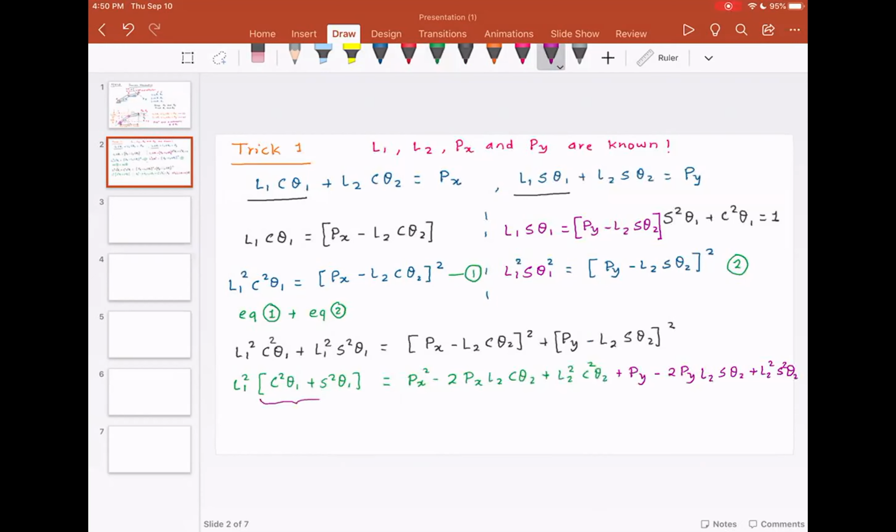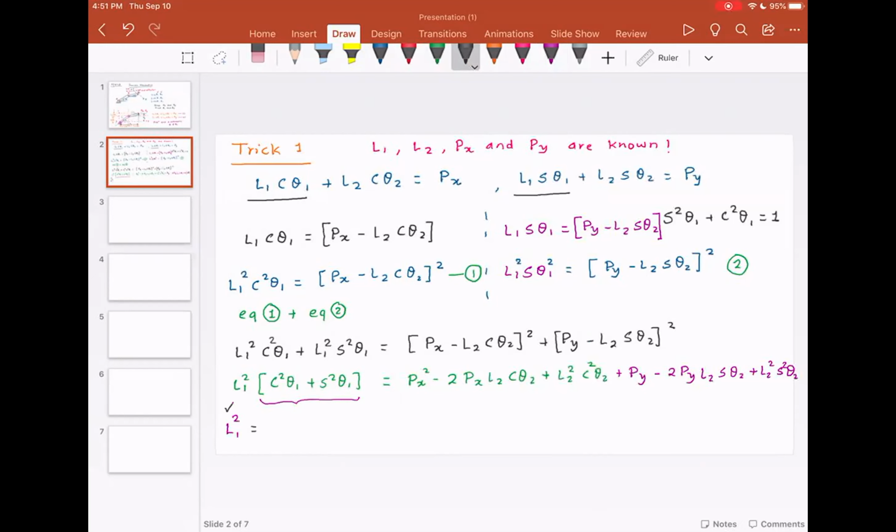This guy, please note, is equal to 1. So on the left hand side, I just have L1 square, and L1 square is known.